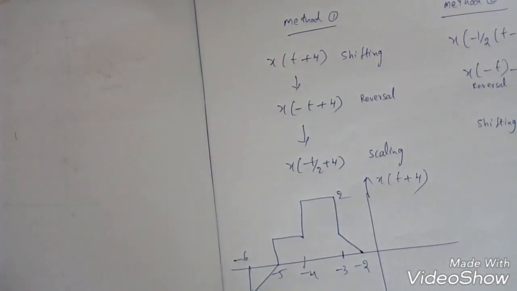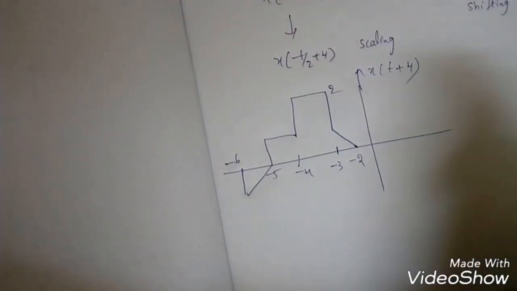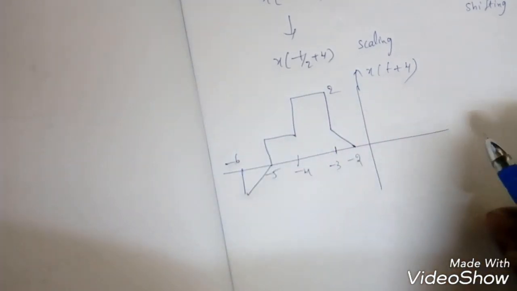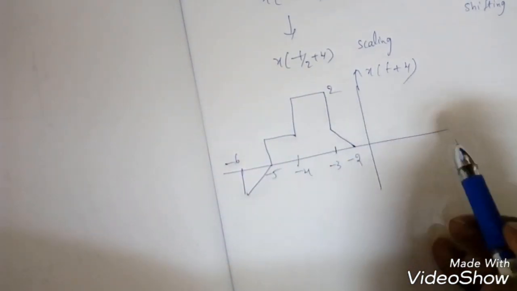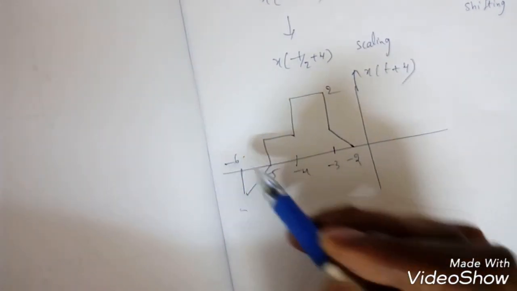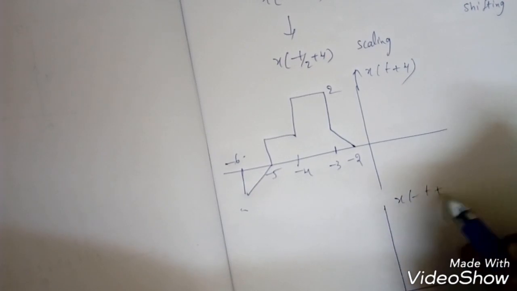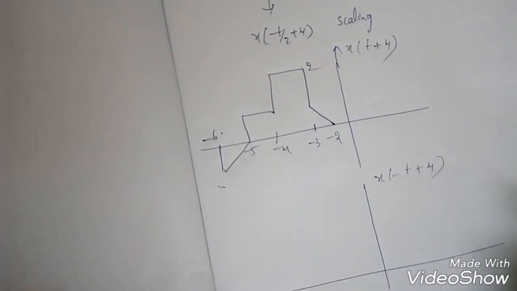Now what is the next one? The next one is reversal. So reverse this one, that means after reversal, -6 will become +6, -5 will become +5, so just multiply by -1. So after reversal, that is x of minus t plus 4, it will become like this.